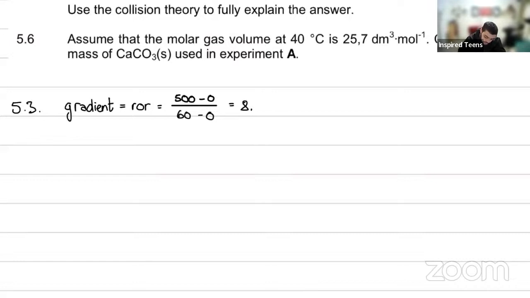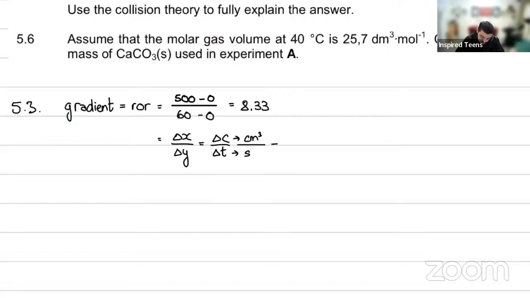And what unit do you give for rate of reaction? That's question specific. They did tell us the units, but how do we deduce it here? Remember that rate of reaction, or gradient, is change in y divided by change in x, which is actually change in volume divided by change in time. Volume has centimeters cubed, time has seconds.